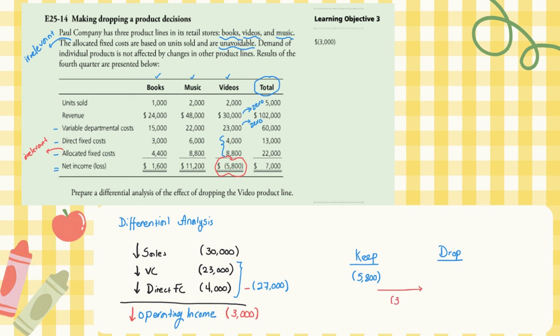This is the difference, 3,000. So in total, I'm gonna lose 8,800. And again, which is better, to lose 5,800 or 8,800? 5,800 is less. Okay, so the decision here will be, again, do not drop.